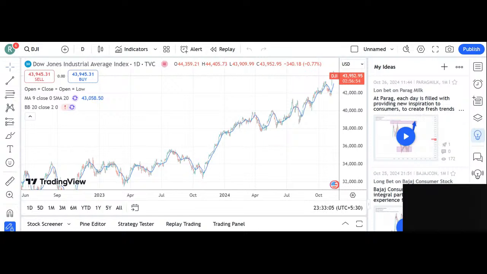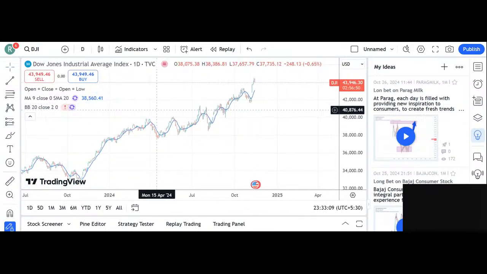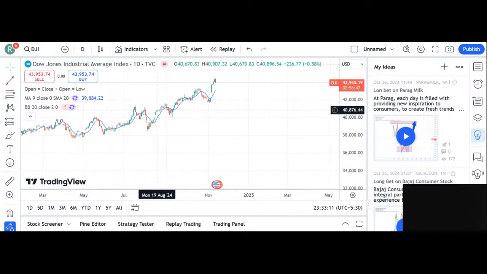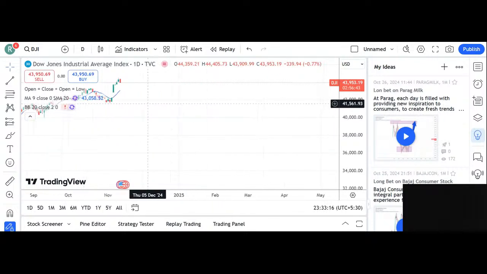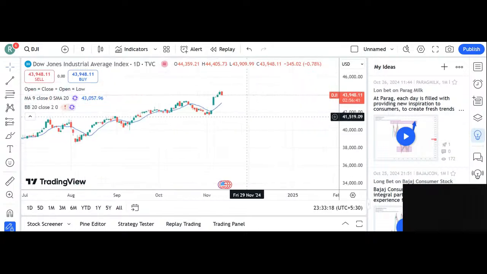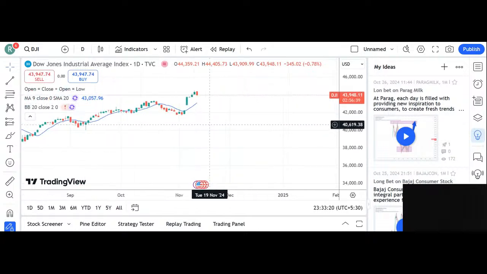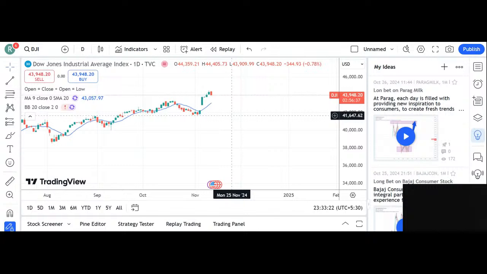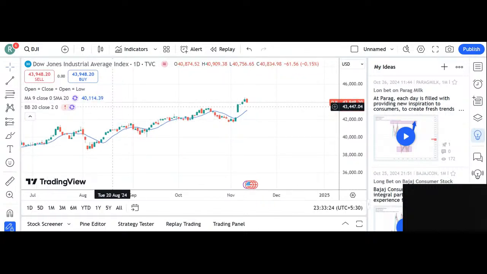Okay. So where we are heading with the Dow Jones, you can see it is still above the 20 days moving average. It's close above this. We'll see in a daily time frame. We are still not able to see any kind of downtrend in the charts, but I will analyze the chart in a daily, monthly, weekly time frame, everything in the single chart.